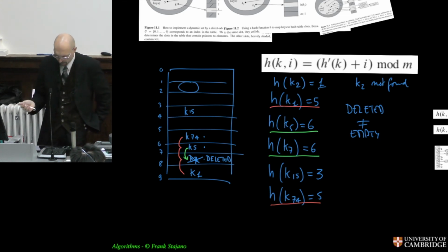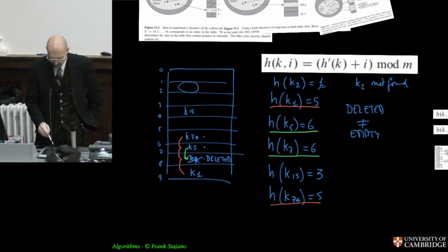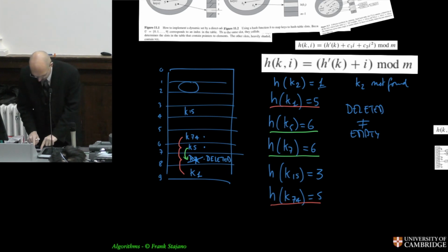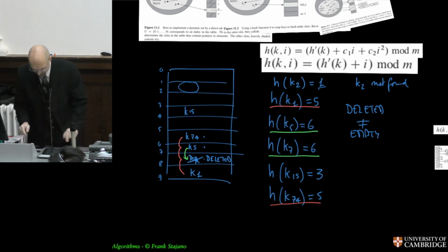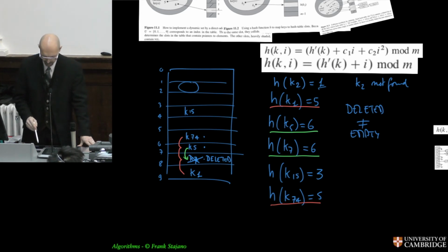And so people have come up with ingenious alternatives for making a probing function that spreads things around a little better. For example, this strategy here, called quadratic probing, makes a probing function that on successive probes does not just have a linear function of the originally pointed value plus the probe number, but a quadratic function.